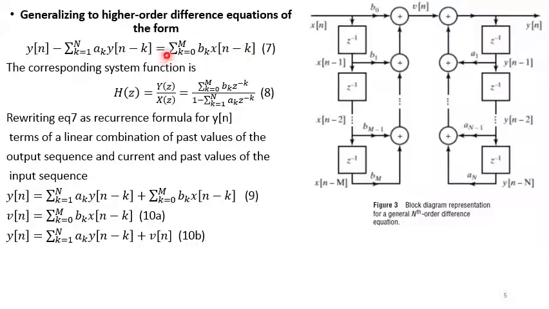So the corresponding system function for this linear constant coefficient difference equation will be H of z, and H of z equals Y of z over X of z, and this is equal to summation of the inputs over 1 minus summation of the output. So you understand why we have the negative sign here.